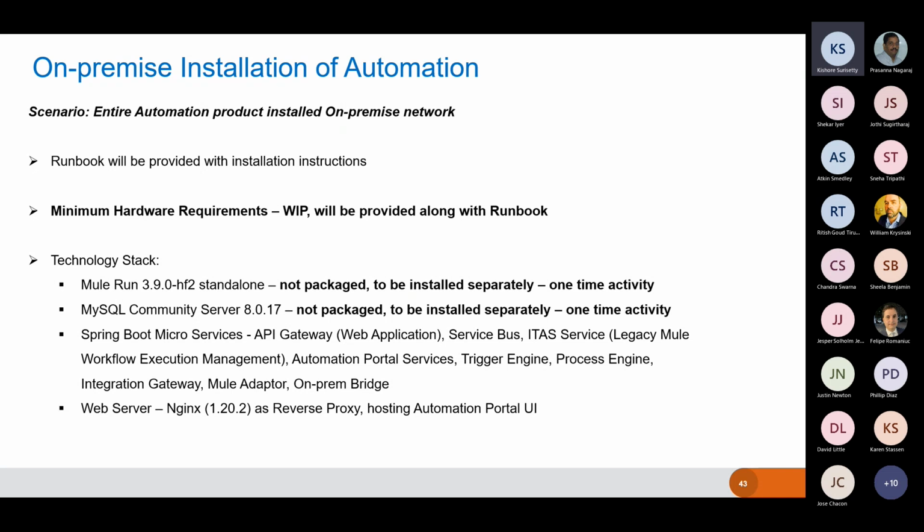In extension to that, if the customer has any services running behind the on-prem network, they can install the agent and serve those applications through the on-prem agent. Then the third one is the on-prem installation of the entire automation product, which is also possible.